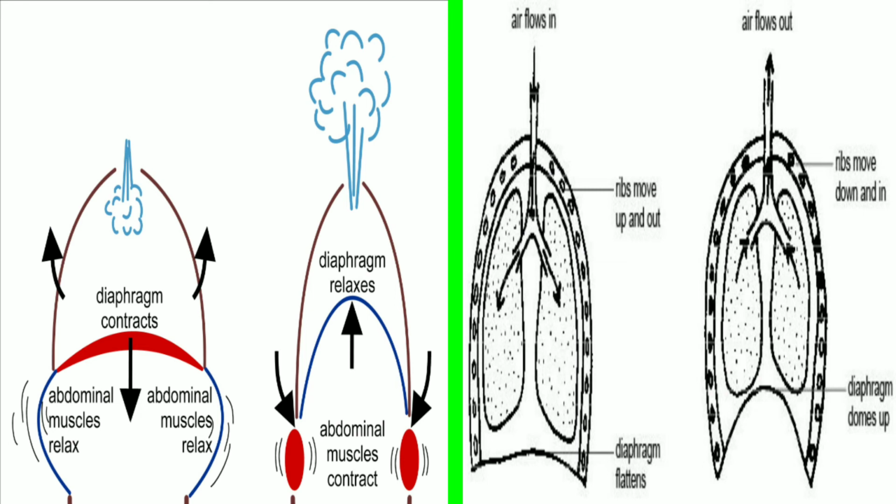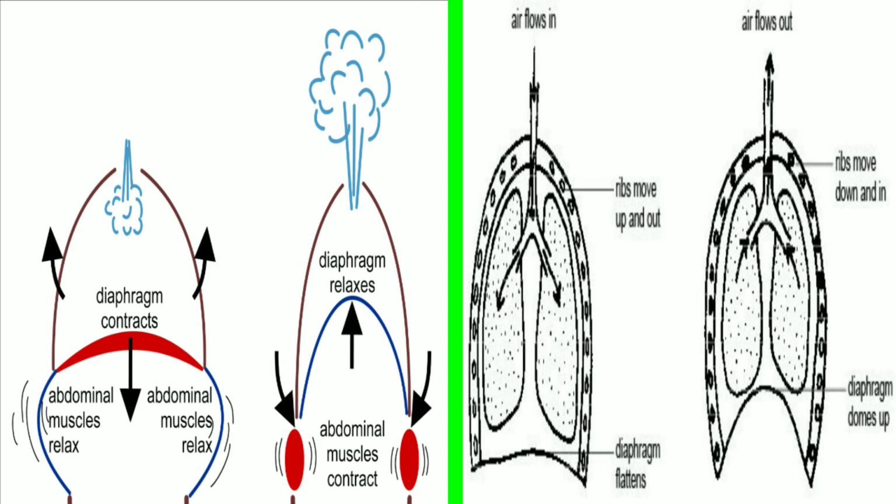Now, when you breathe in air, when the air goes inside, look here, what happens to this diaphragm? It goes down, or we can say it flattens. Air in, diaphragm goes down, it flattens. When you breathe out the air, the diaphragm will relax.